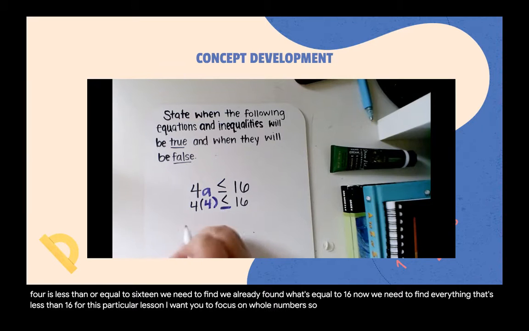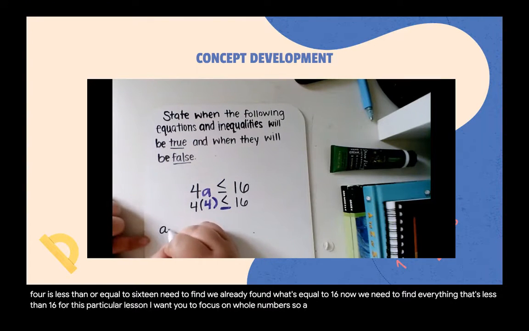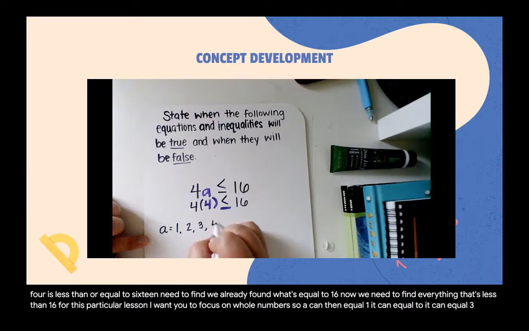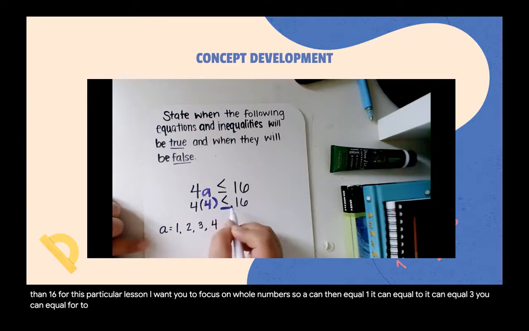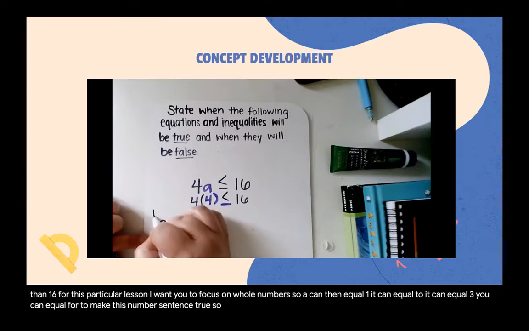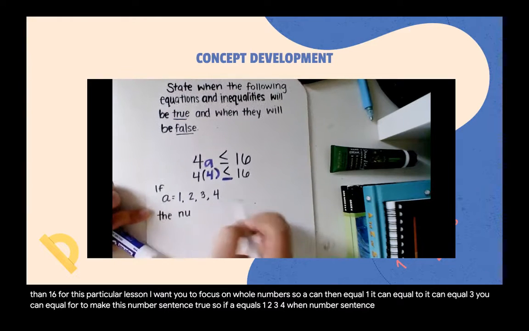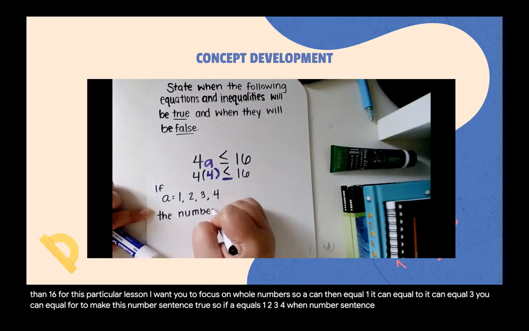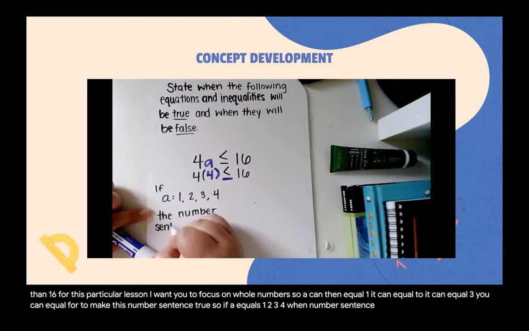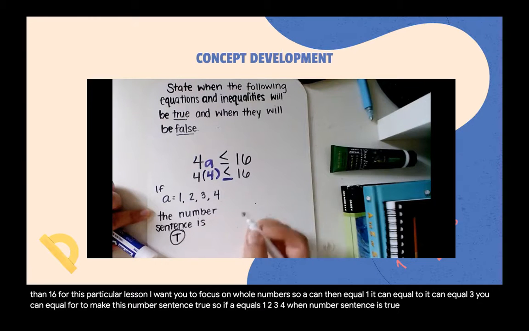So, a can then equal 1, it can equal 2, it can equal 3, it can equal 4 to make this number sentence true. So, if a equals 1, 2, 3, 4, the number sentence is true.